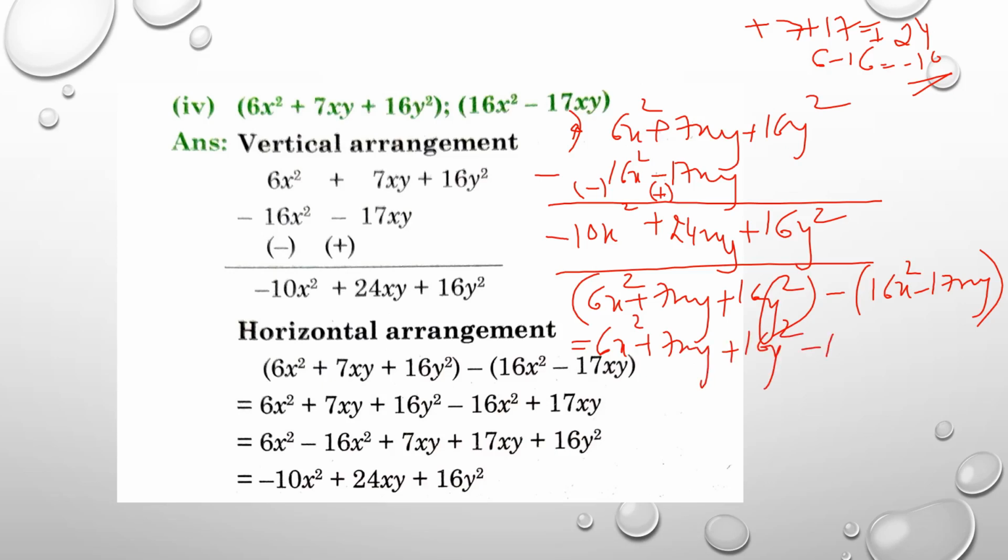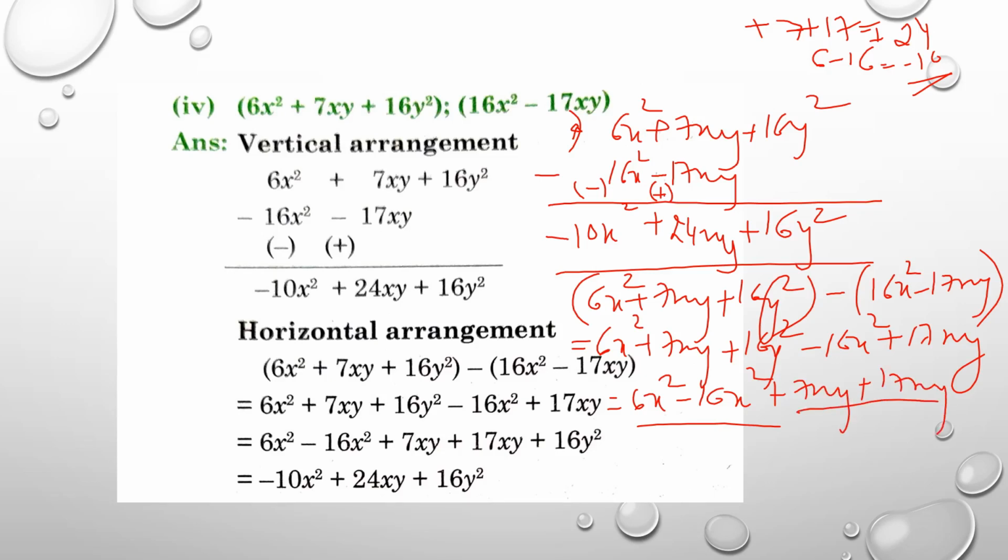Now minus and minus will become plus 17xy. Now like terms you have to take together. So 6x square minus 16x square together you have to take. Okay. Then plus 7xy plus 17xy you have to take together. Then plus 16 you have to keep on one side.